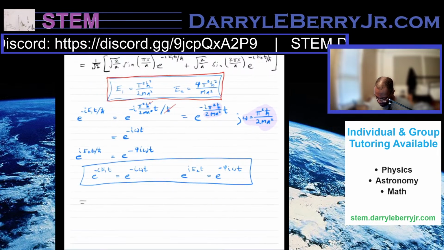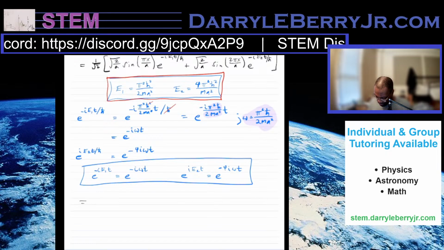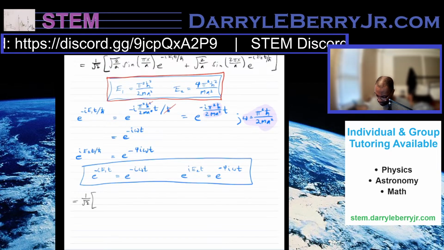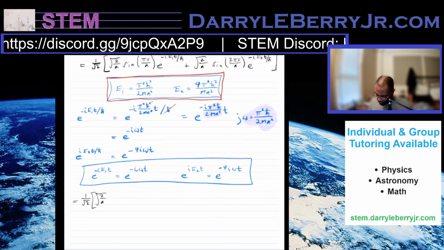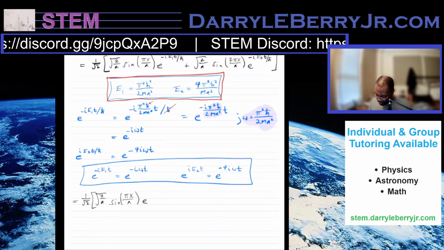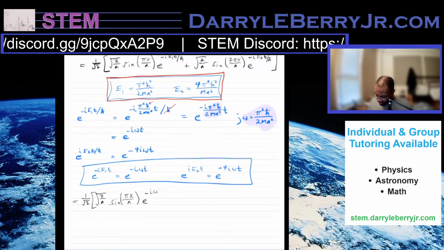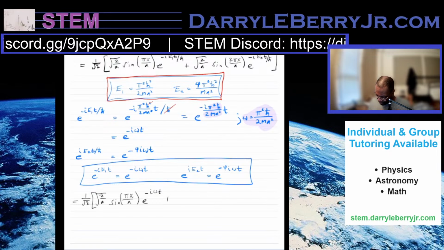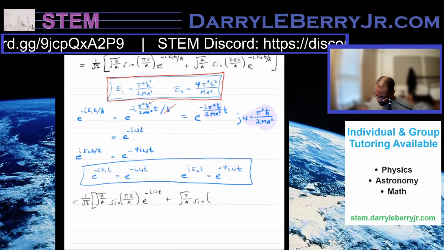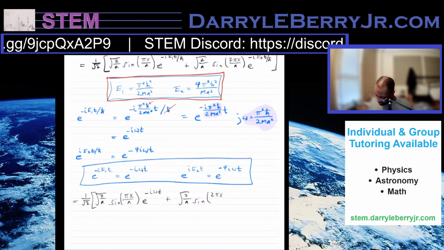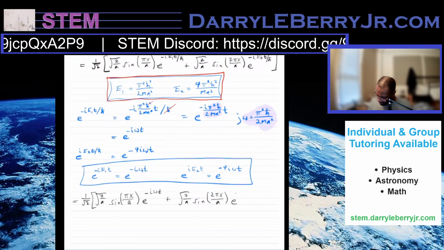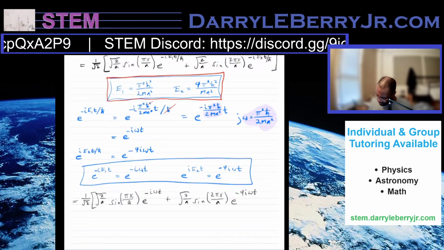So that equals 1 over square root of 2, square root of 2 over a sine pi x over a e to the negative i omega t plus root of 2 over a sine 2 pi x over a e to the negative 4i omega t.